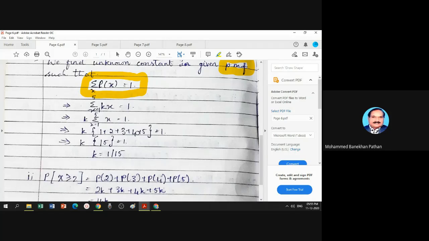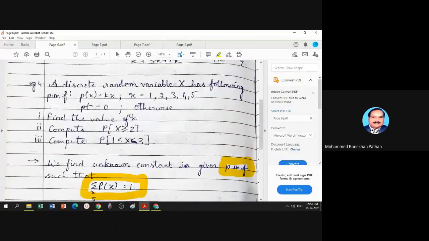It is the natural addition of the natural numbers 1 to 5. So you get total 15. Therefore, k equals 1 upon 15. So for this value of k, my given function, P(x) equals k times x, will be a PMF. Otherwise, this will not be a PMF.